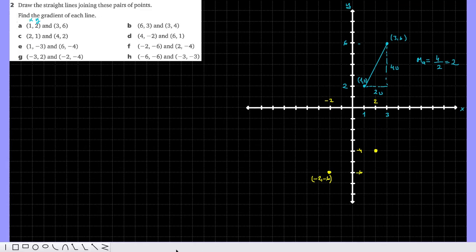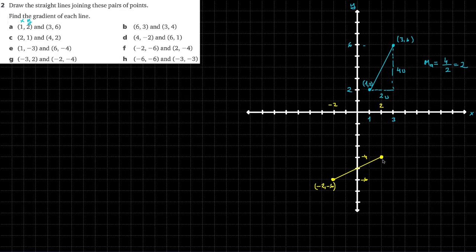If I use the drawing tool again, the line is going to be in this form. If I measure the distance on this side, it's 2 units, and this is 4 units. It is obvious, you can count the squares.